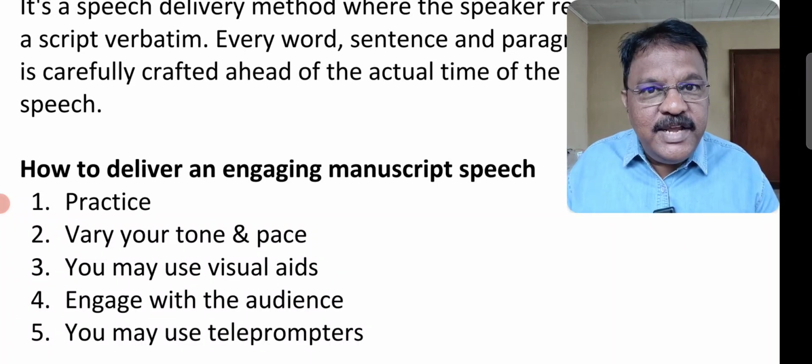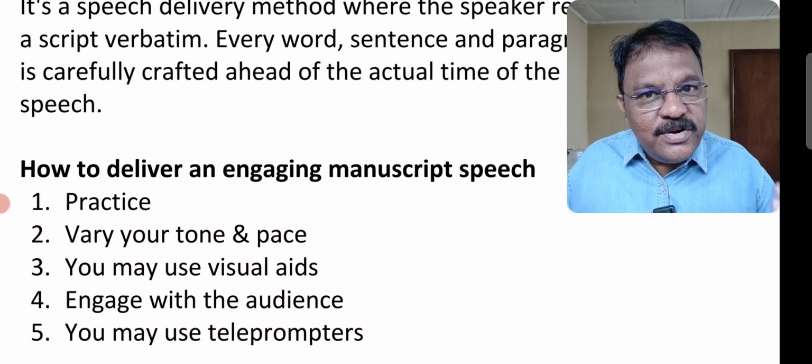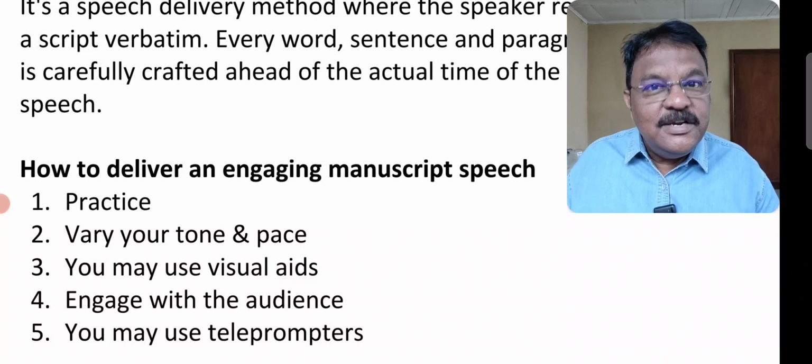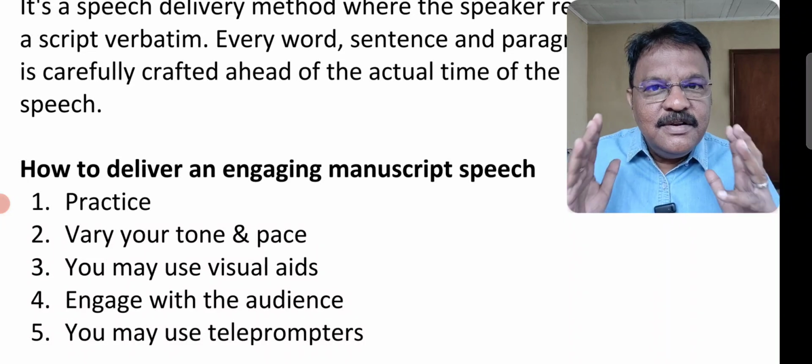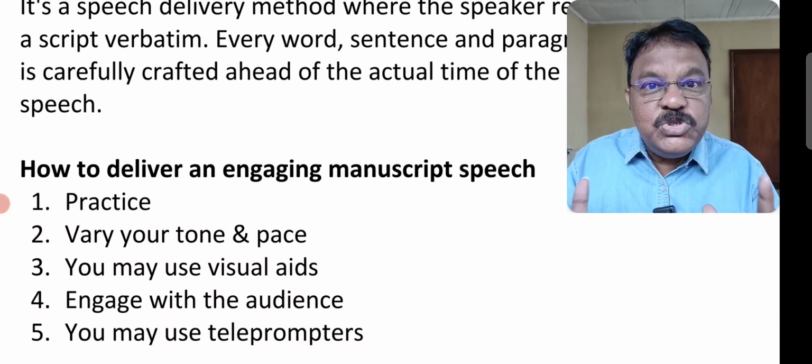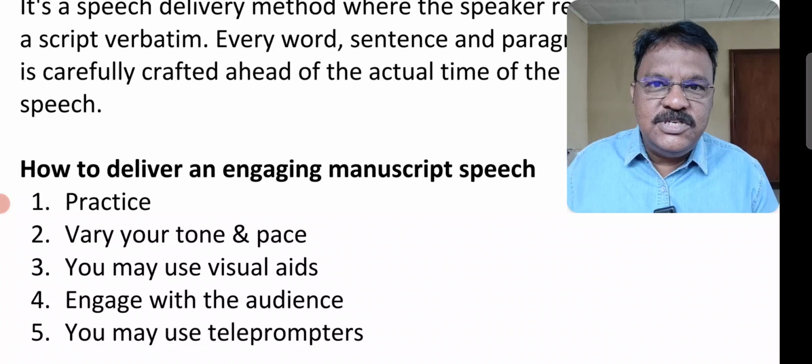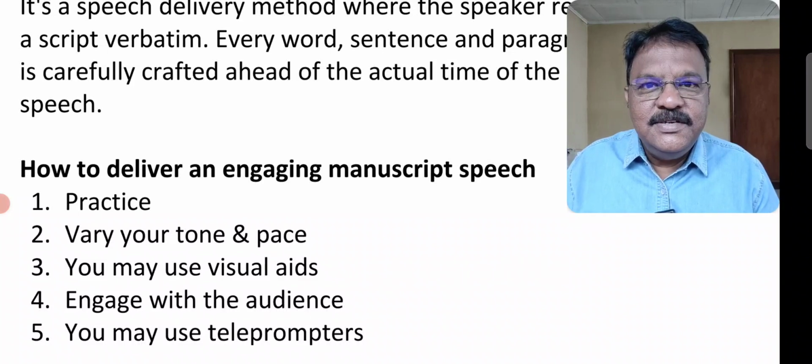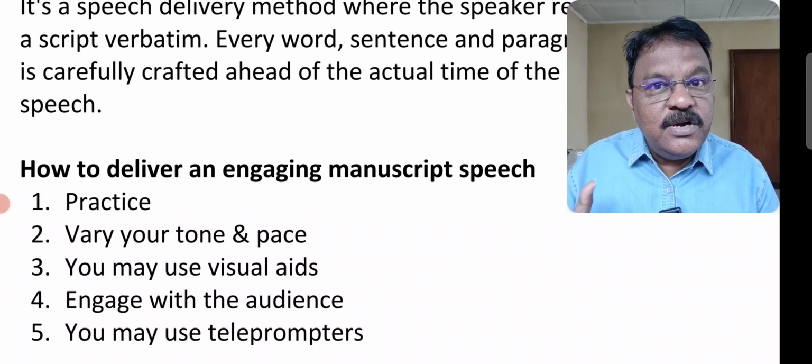I know you are reading. Everybody knows you are reading. But at the same time, even though you are reading from a paper, it's good to keep in touch with your audience through your eye contact. Got it? So engage with your audience actively, even though you are reading.